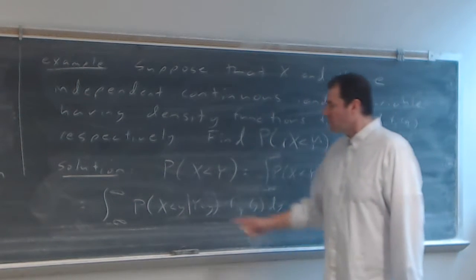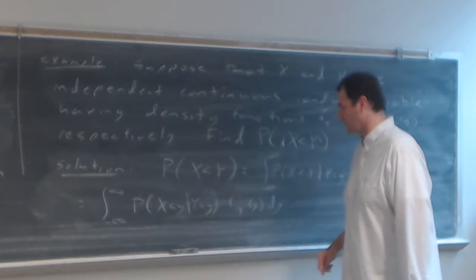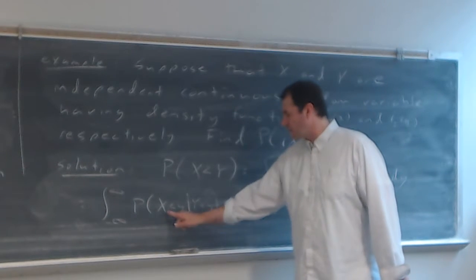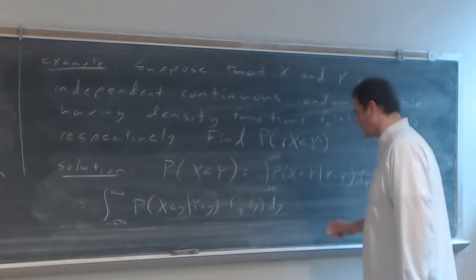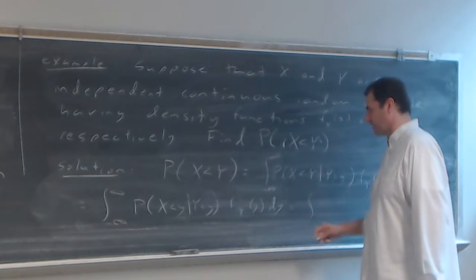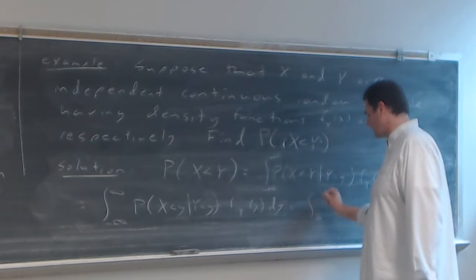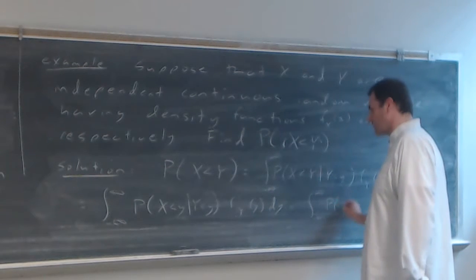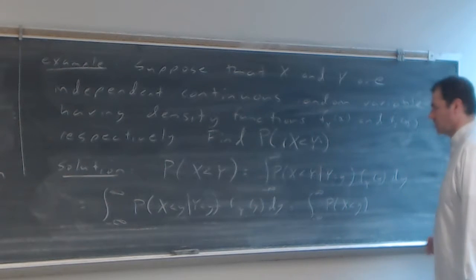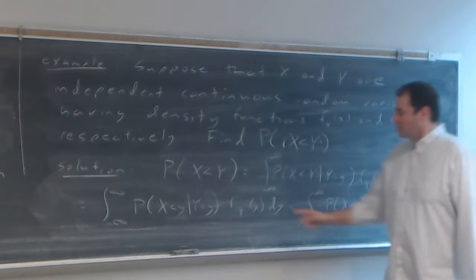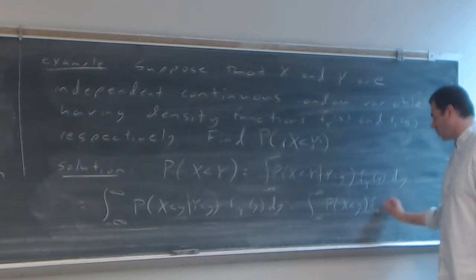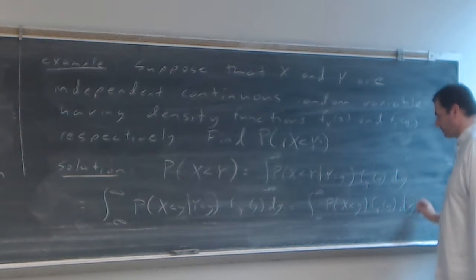Now, first of all, we know that X and Y are independent random variables, and so this is the same thing, minus infinity to infinity, the probability that X is less than y, that's what this becomes, times f sub Y of little y dy.